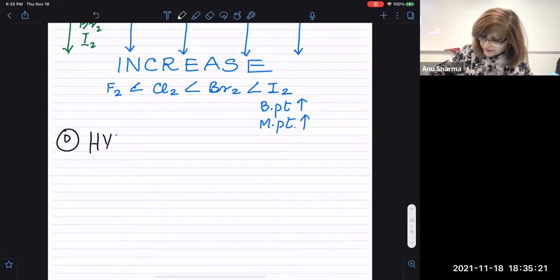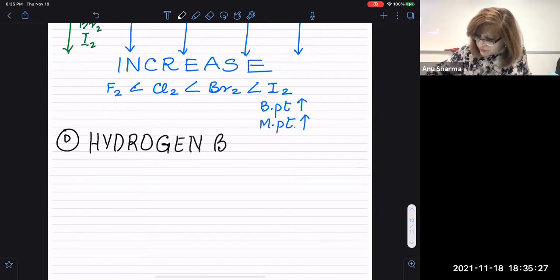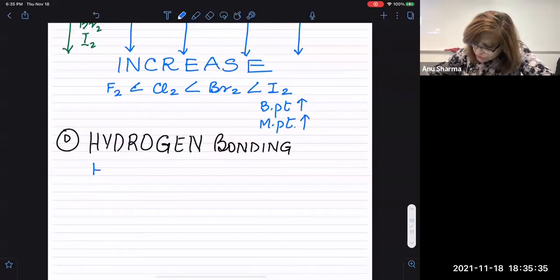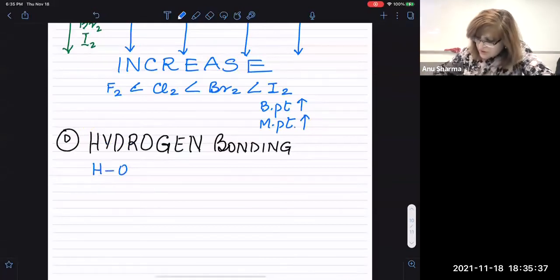Hydrogen bonding occurs when hydrogen is attached to oxygen, when hydrogen is attached to nitrogen, and when hydrogen is attached to fluorine.